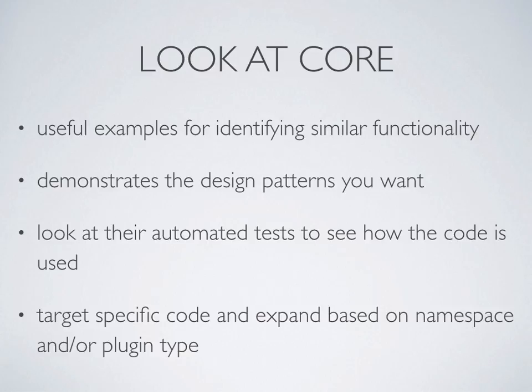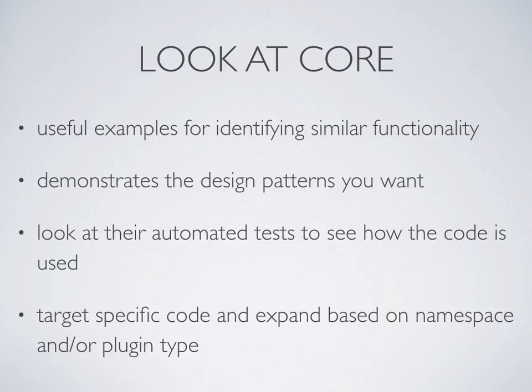So go dig around core. Try to find where that code is defined. The more you learn that stuff, you'll start to pick things up a lot faster, right? So core is really good for looking at these design patterns. Super useful for seeing how you actually should build things. It has tons of examples.